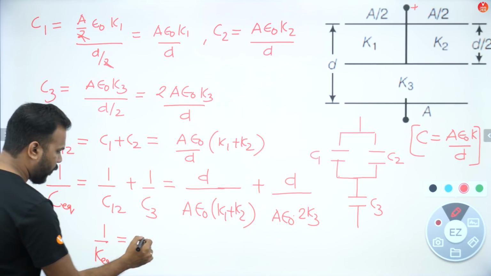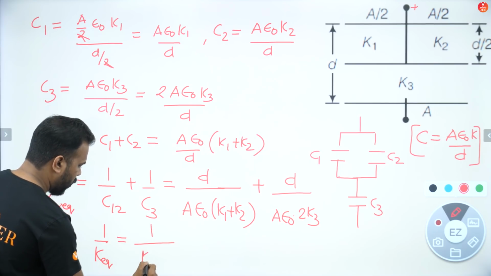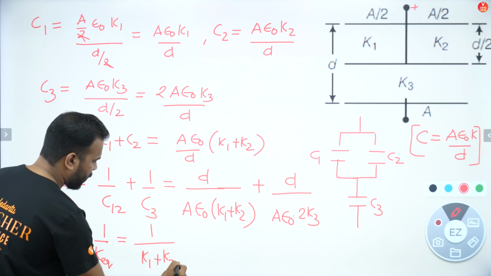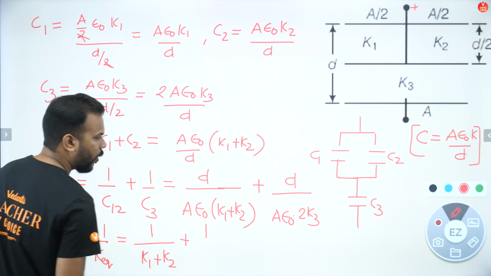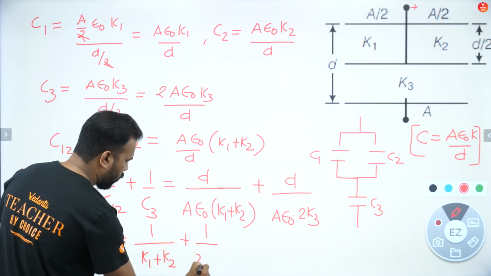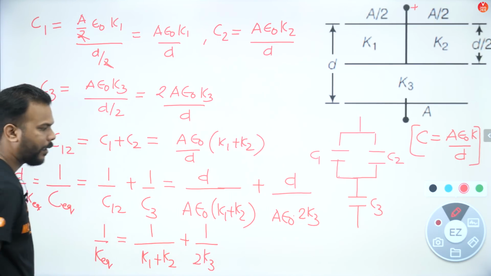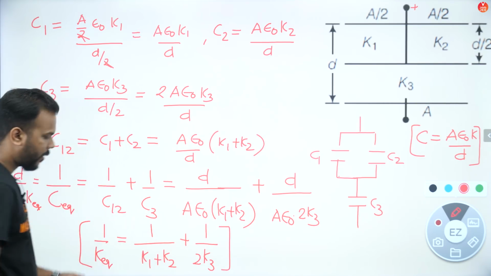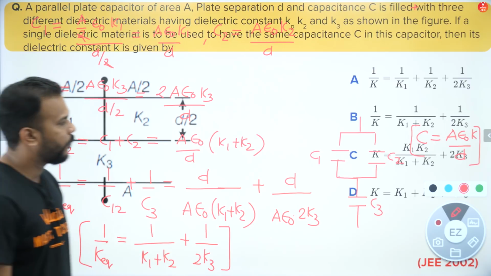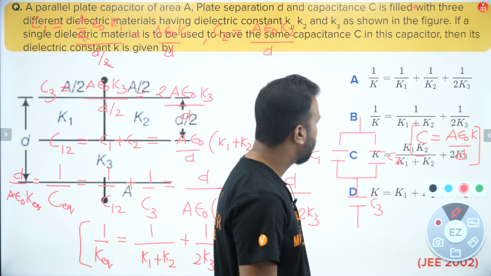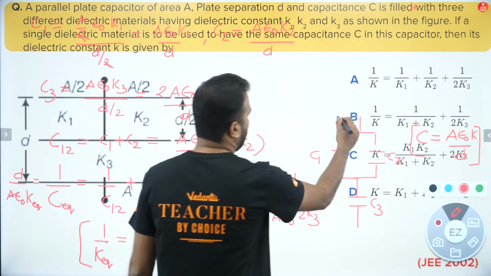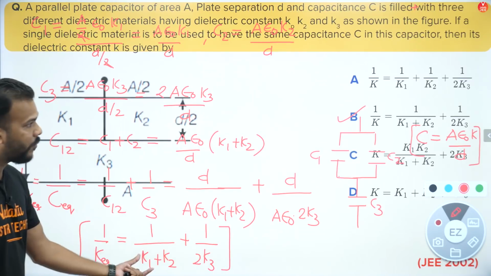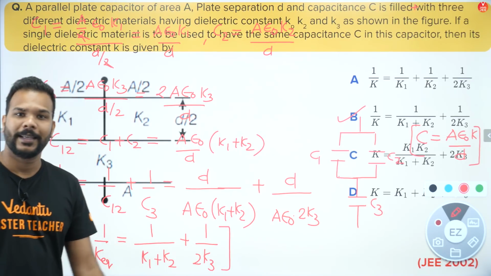So 1 upon K equivalent is 1 upon (K1 plus K2) plus 1 upon 2 times K3. And this should be the answer. Let's see if we have that in the options. Well, if you check, option B is matching here. That is 1 upon (K1 plus K2) plus 1 upon 2 times K3.